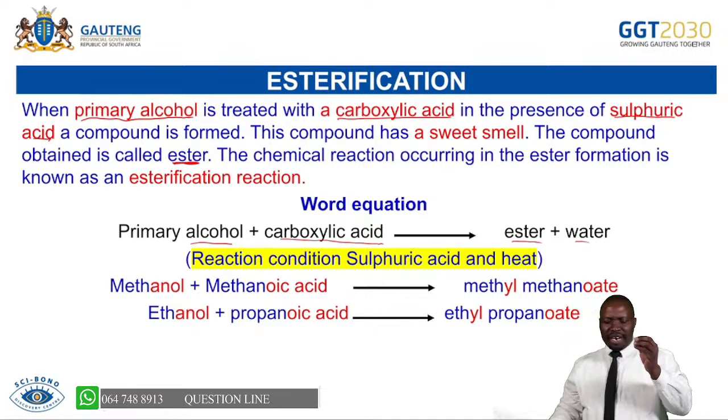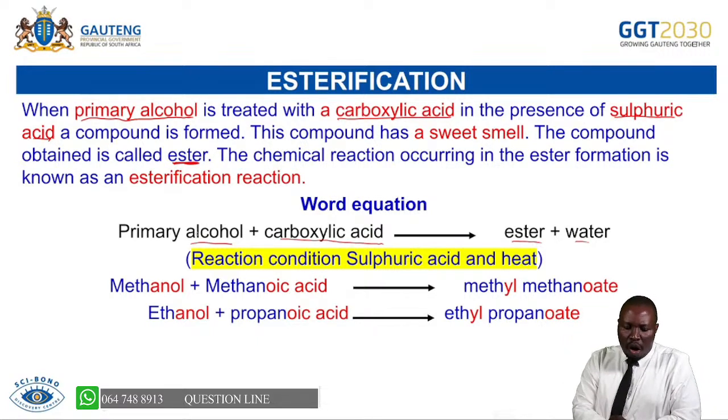Now, I want you to understand that an alcohol is an organic molecule, a carboxylic acid is an organic molecule, and an ester is an organic molecule. All of these, we said, are homologous series. But water is an inorganic molecule, so we call water an inorganic product.